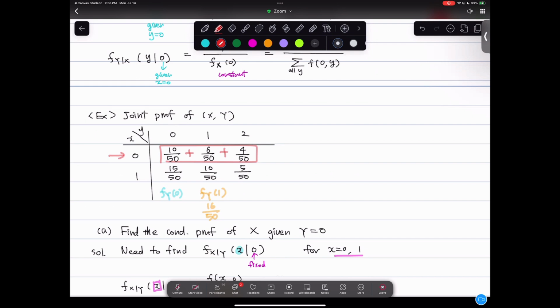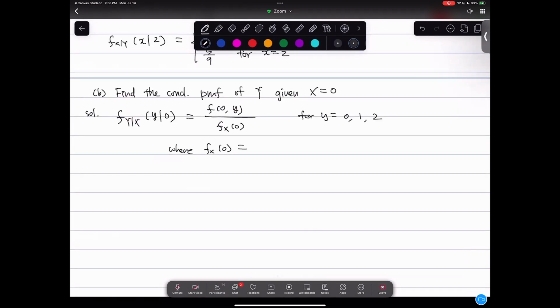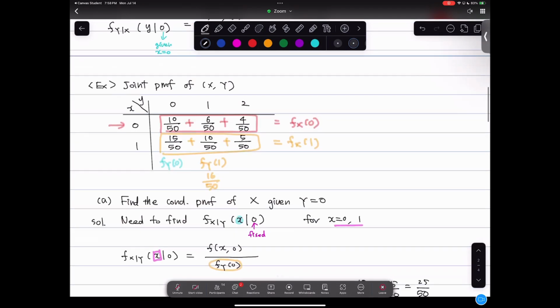The conditional means this out of the total, and this out of the total, and this out of the total. But anyway, first of all, let me get f of x 0. For the bottom one, if you do the math again, adding these two, that's f of x of 1. So I've got to add them up together. That should be, what was it? It was 20 over 50.